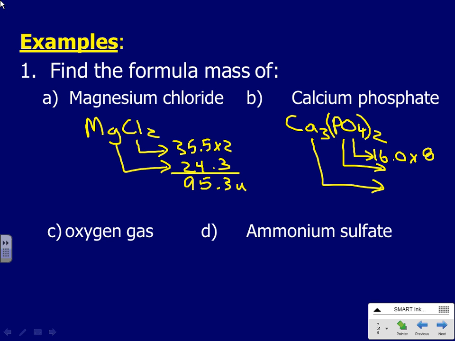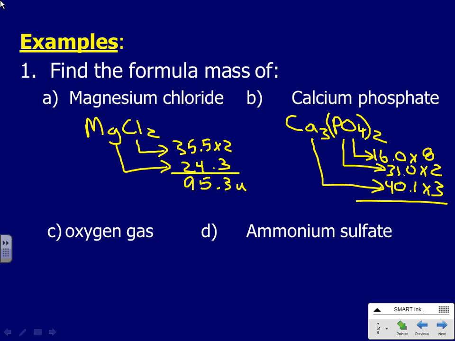Somebody have a phosphorus mass? What do you got? 31.0? 31.0 times how many phosphorus atoms? There's 2. And calcium, 40.1, I think, right? 40.1 times 3. And again, let your calculator do the work. No thinking involved.